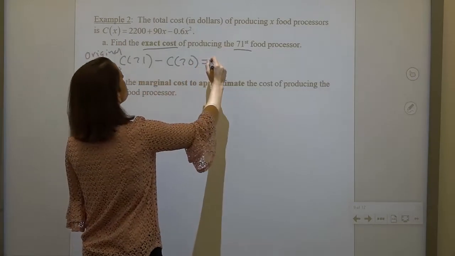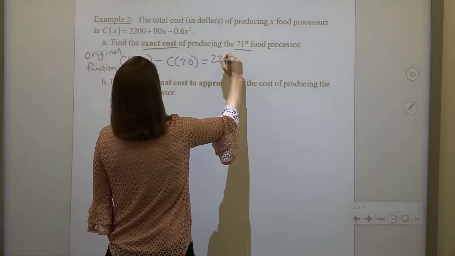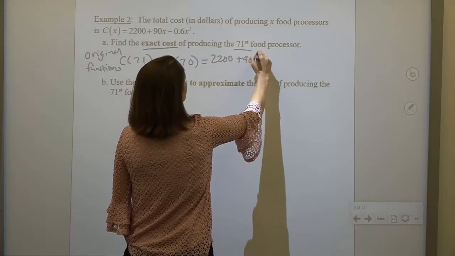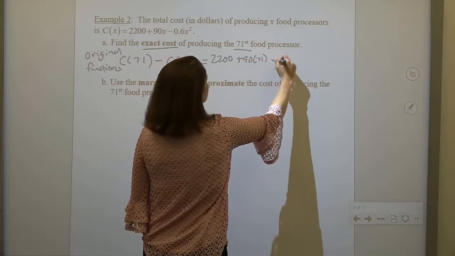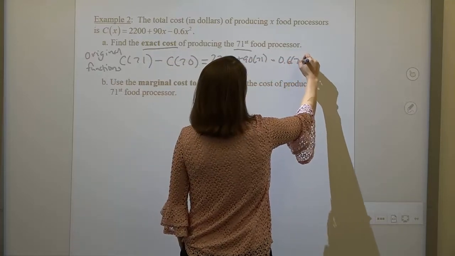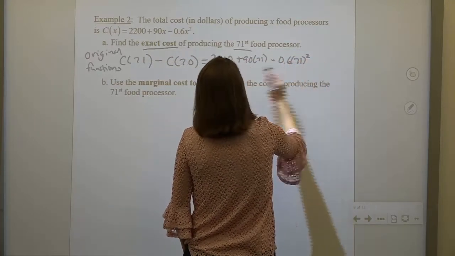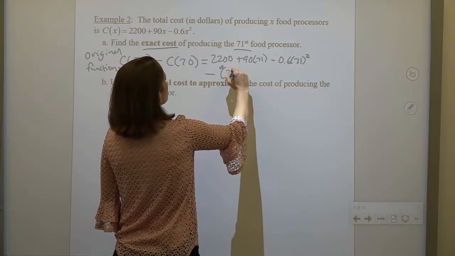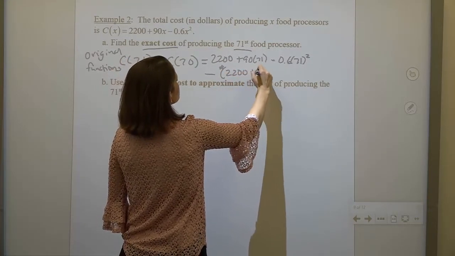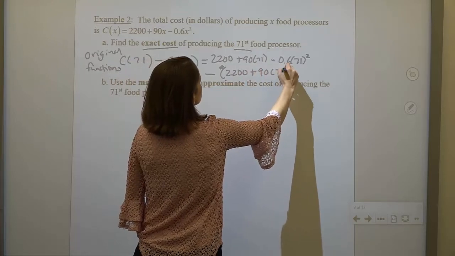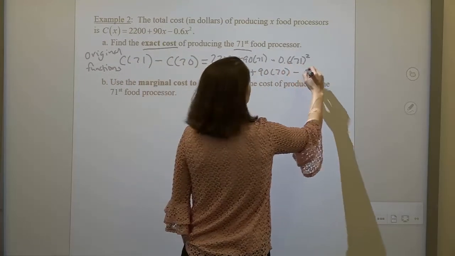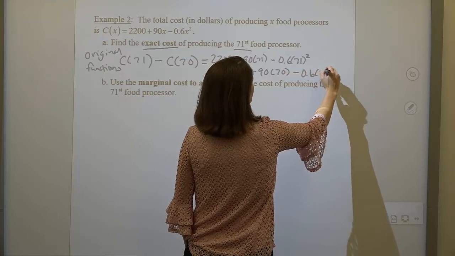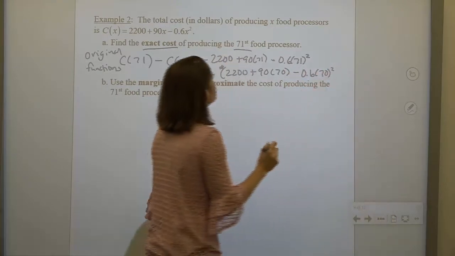So we are just going to plug 71 into the entire cost function and then subtract from that, carefully with parentheses, what we get when we plug 70 into the entire cost function. Okay?